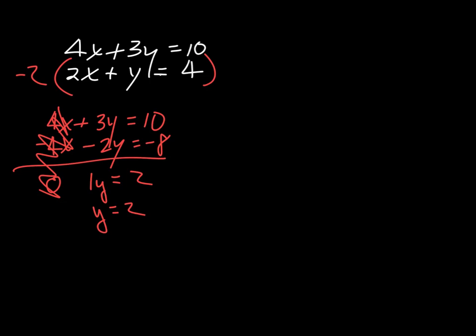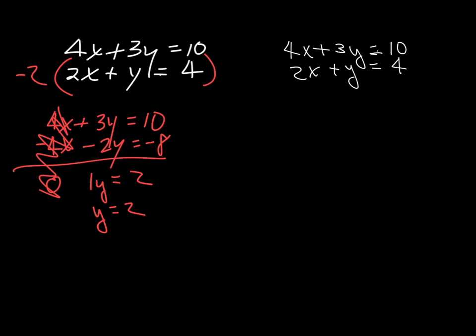Alright, let's say we wanted to, and I'm going to make my pen a little bit smaller here, I'm going to write the same equations in white, 4x plus 3y equals 10, and 2x plus y equals 4. Now let's say I want to get rid of the y's.